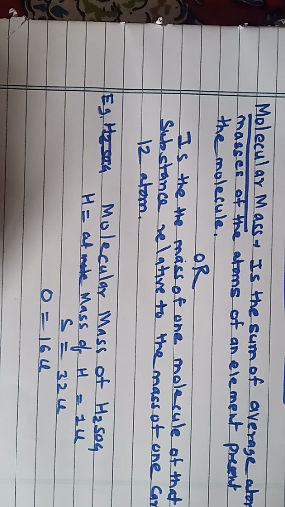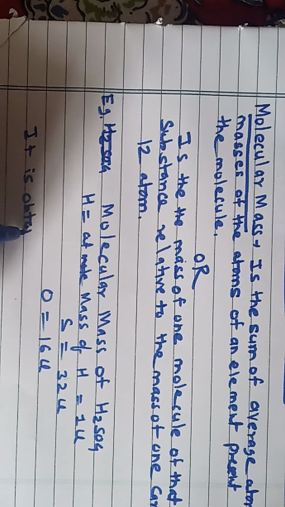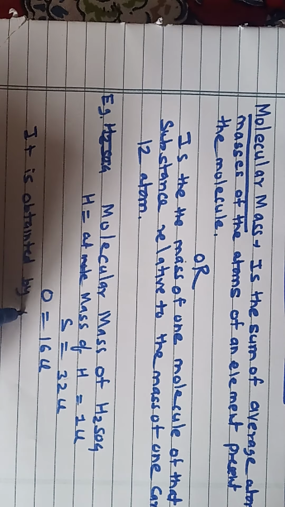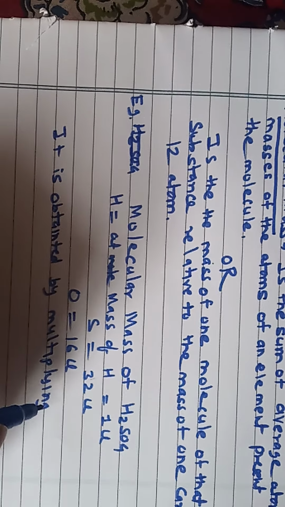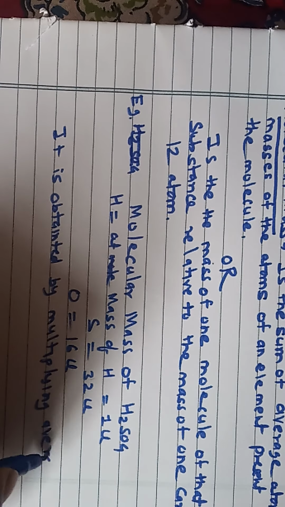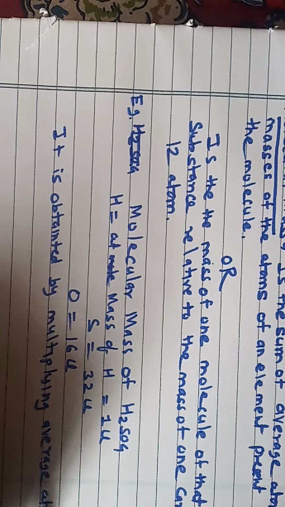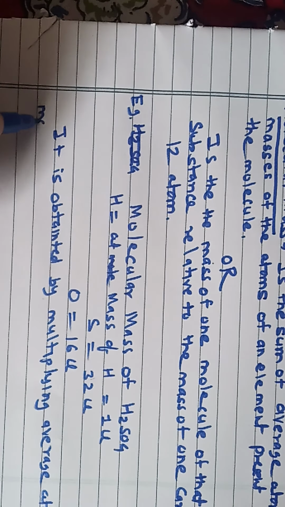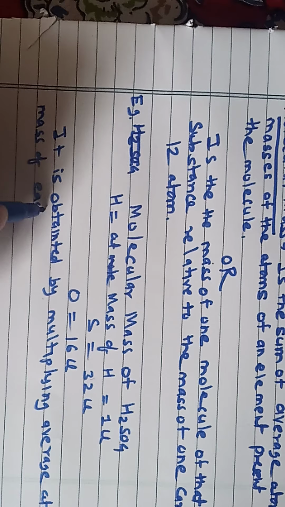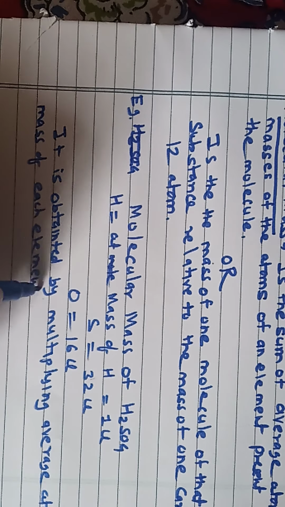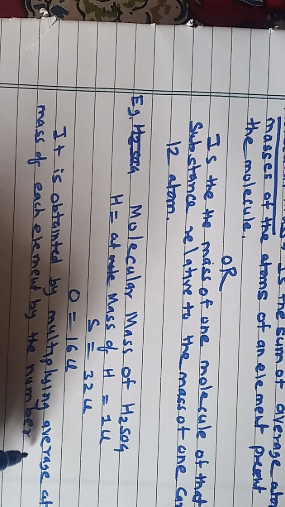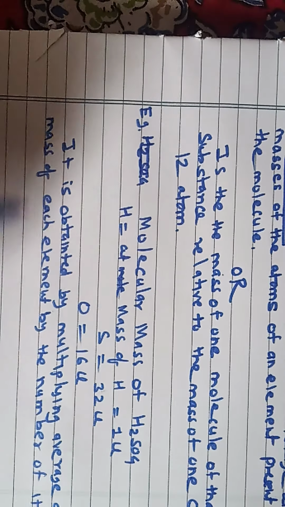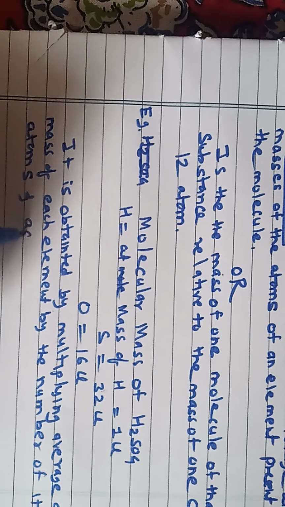It is obtained by multiplying average atomic mass of each element by the number of its atoms and adding them together.